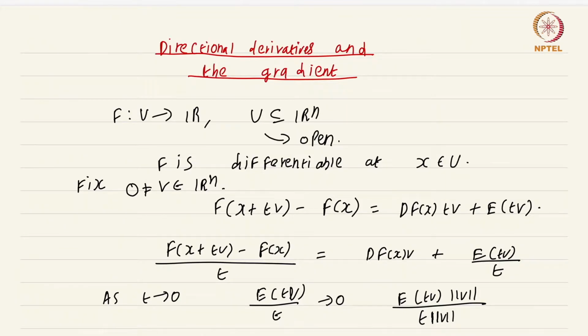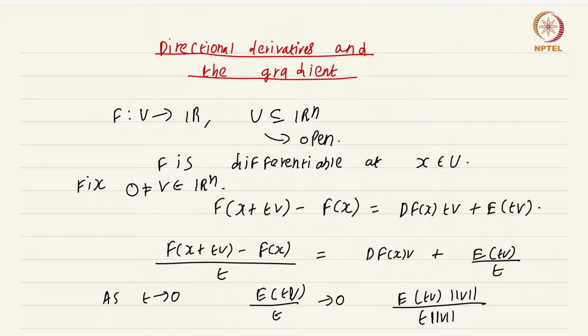Of course, you might object that there should actually be a modulus of t here, but that really doesn't matter. That's just going to change the sign. As we are claiming that this term goes to 0, it doesn't matter whether there's a plus t or a minus t in the denominator. So writing e(tv)/t as e(tv) norm v divided by t norm v, we see that this term goes to 0 as t goes to 0.